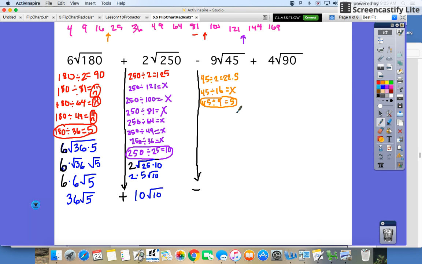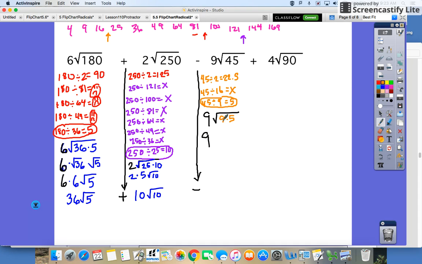And we're going to rewrite it as 9 square root 9 times 5. This negative right here, I already dropped down, so I'm not going to keep it on the 9. If you want to, you can do that, but I already took care of that minus right there, so that's why I'm ignoring it. So we have 9.